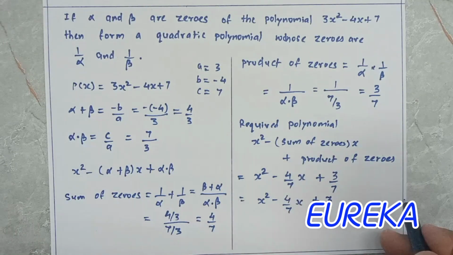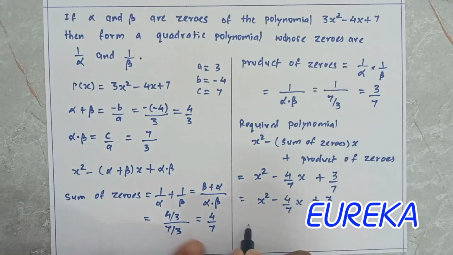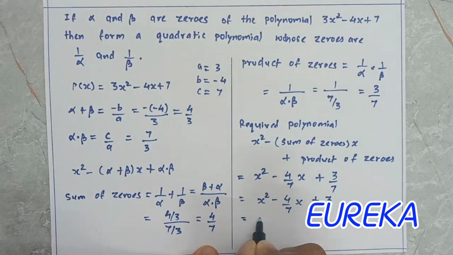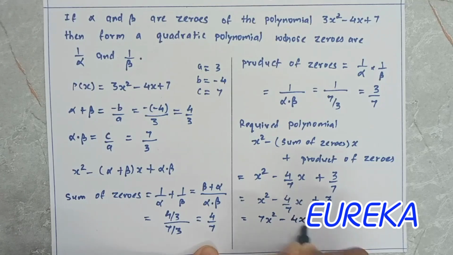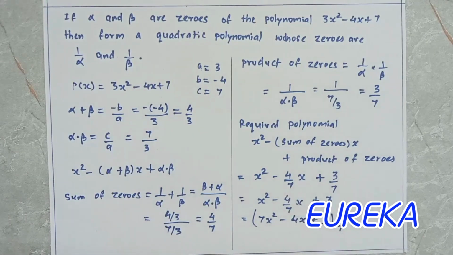In general, if we want to multiply by 7 throughout, it can be represented as 7x square; if you want to take LCM, that will be 7x square. We can write it as 7x square minus 4x plus 3, and the whole multiplied by 1 by 7. This is another representation for such type of polynomials. So here we have discussed a very important type.